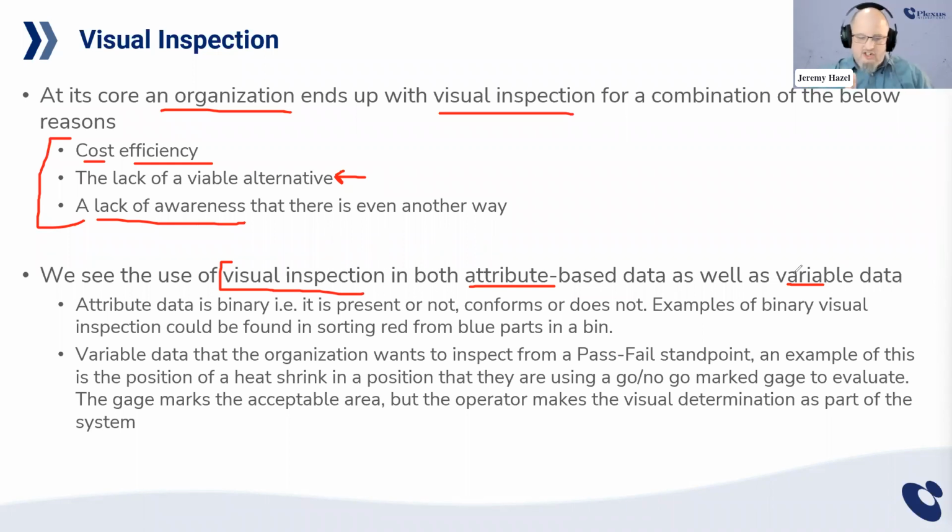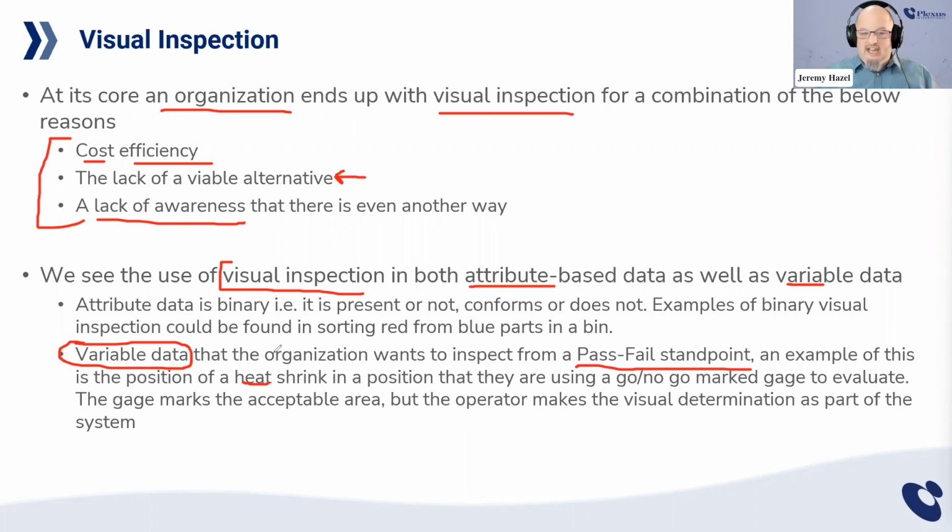But we do see in organizations' control plans, sometimes you can gather variable data, but you choose to inspect it from a pass-fail standpoint. An example from my background on that is heat shrink position. We used to make harnesses in which the heat shrink had a location. That's obviously variable, right?